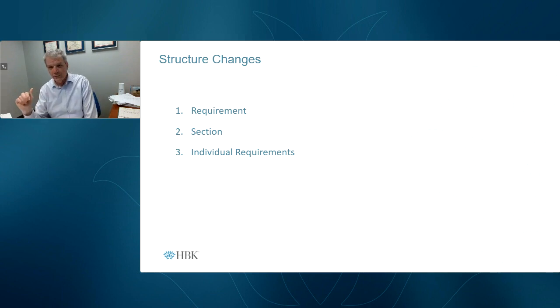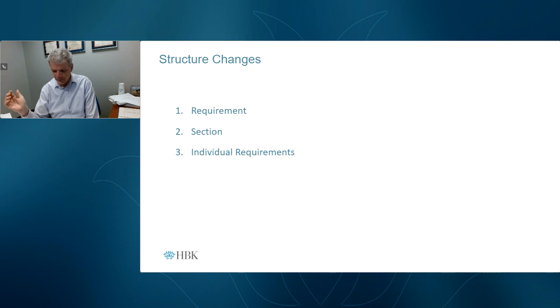So you've got a requirement. So there's actually 15 now. You've got requirement 1 to 12, and then the 3 appendices that I talked about earlier. And then it drops down to a section, that's going to be section 1.1 or section 12.1. And then you've got your individual requirements, so if you're in section 1.1, it could go 1.1.1 to 1.1 whatever, and so on and so forth.